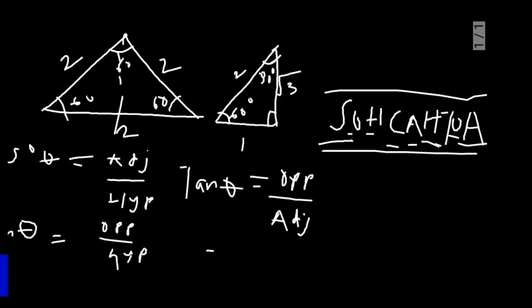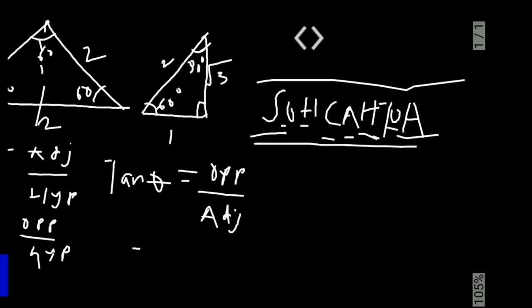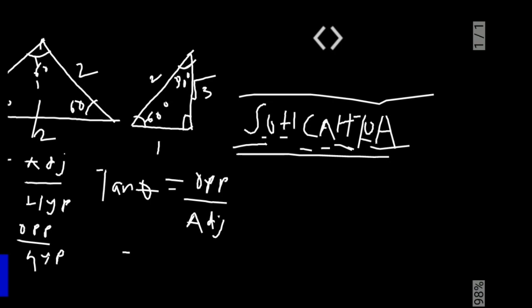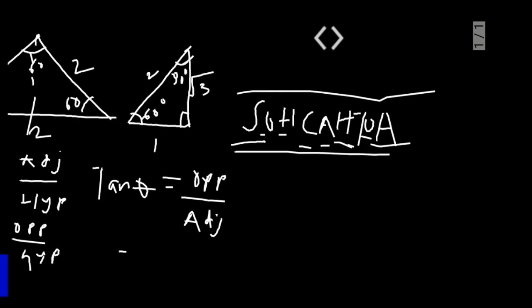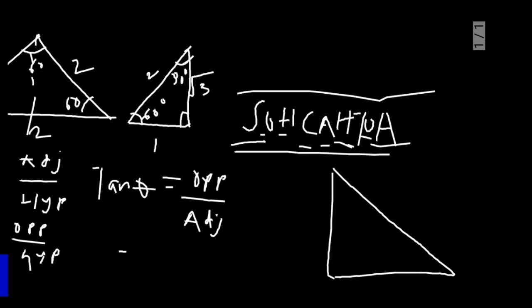So in this right angle triangle, which side is opposite, which side is adjacent, and which side is the hypotenuse? So let's draw our right angle triangle. We have our right angle here. Let's take the angles here. As we've been taught in school, the longest side is the hypotenuse.